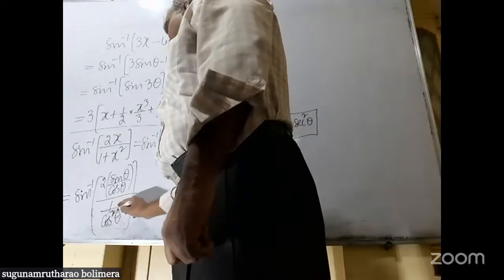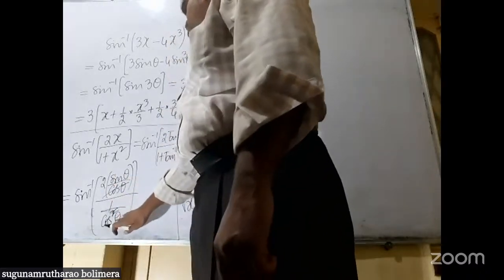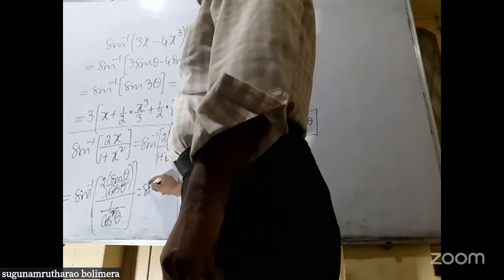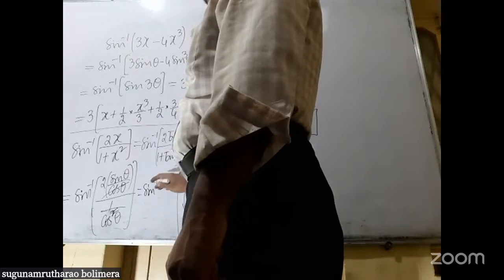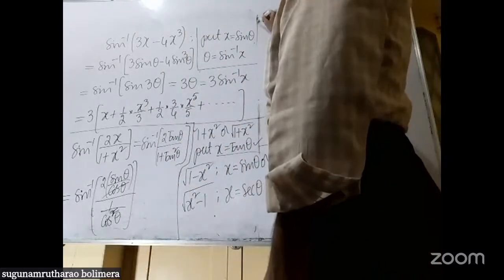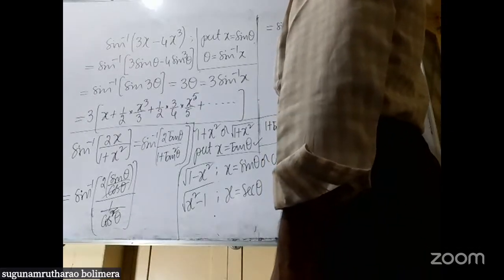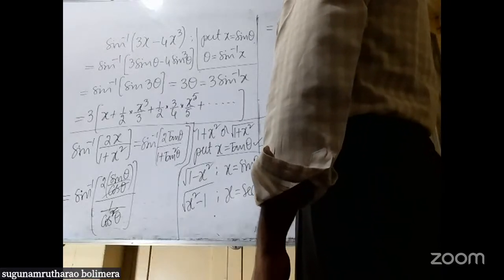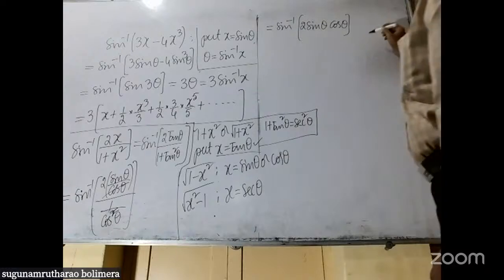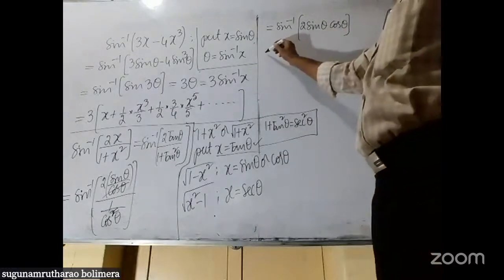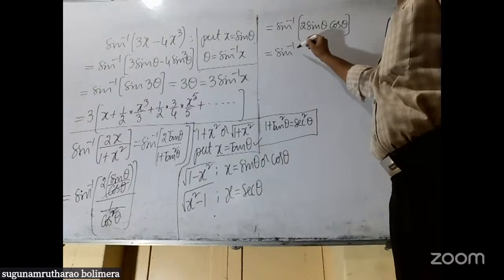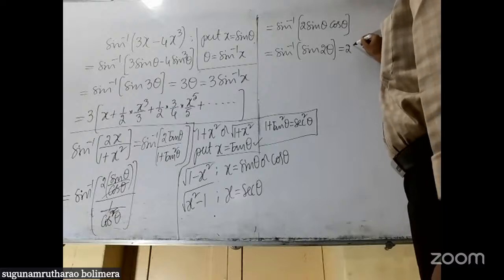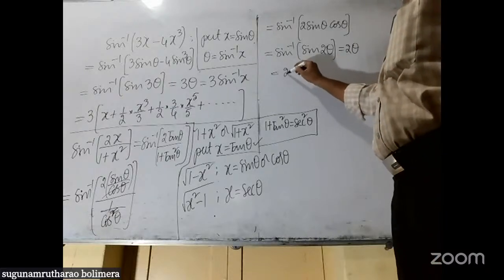So one cos theta gets cancelled, and bringing this into the numerator, this equals sin inverse of 2 sin theta cos theta, nothing but sin inverse of sin 2 theta, which is equal to 2 theta.